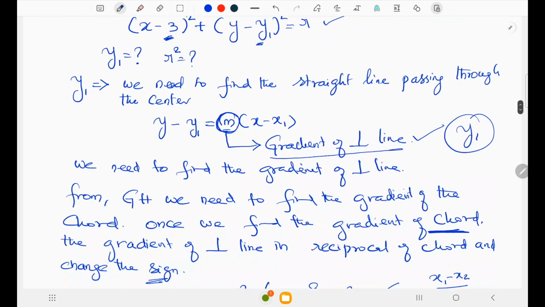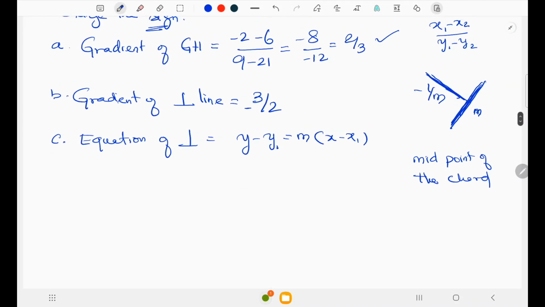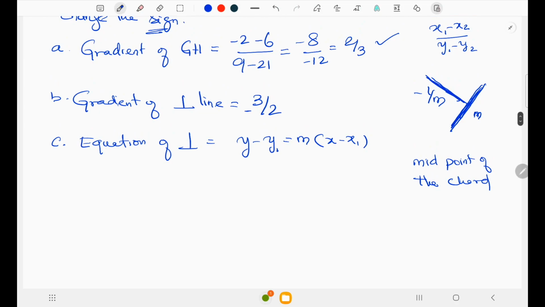How do we find the midpoint? It is (x1 plus x2) divided by 2, comma, (y1 plus y2) divided by 2.